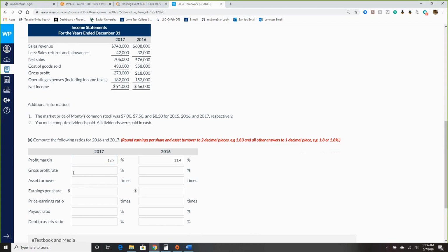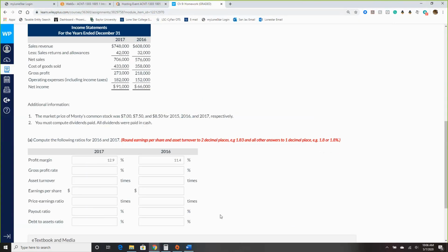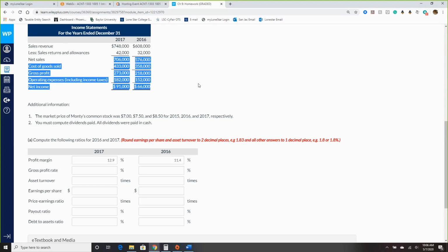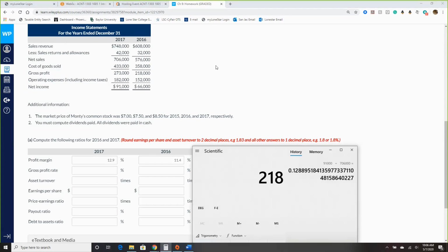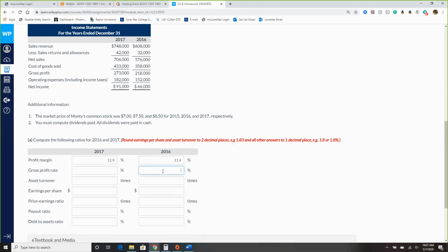Okay, next is gross profit rate. Right here, gross profit divided by net sales. So now we're looking at these two numbers and dividing them by the net sales right up here. So 218 divided by 506, and that's 37.8%.